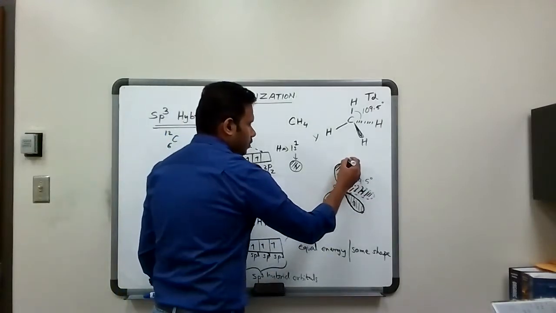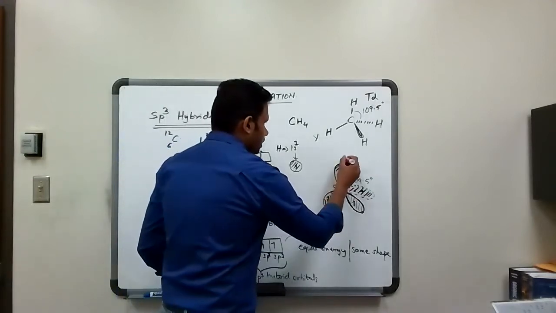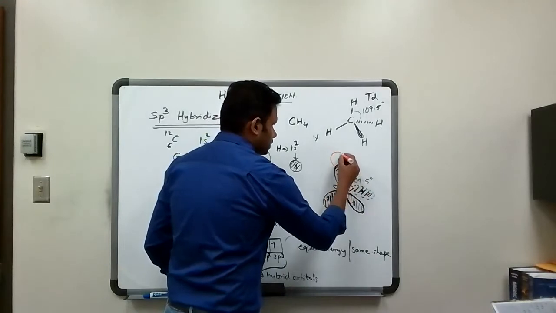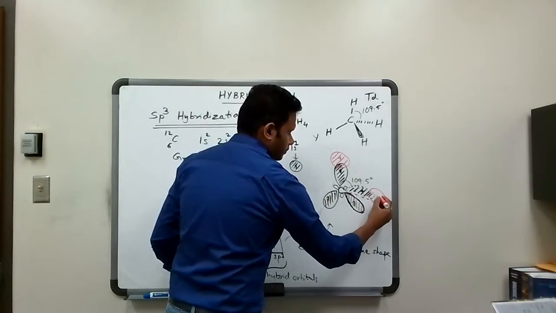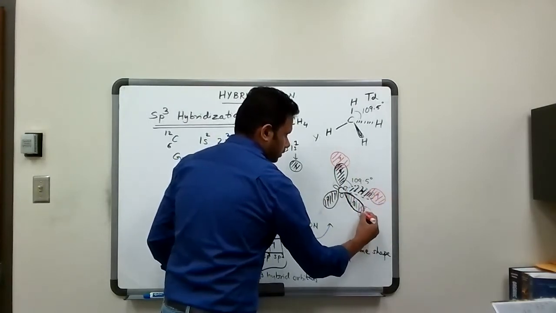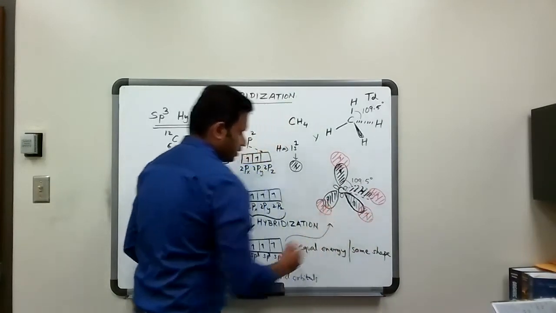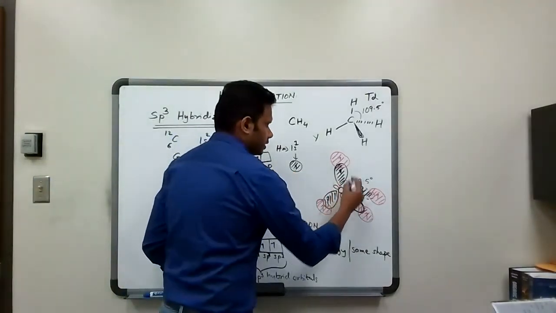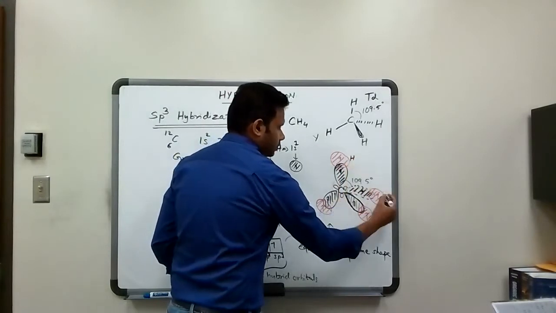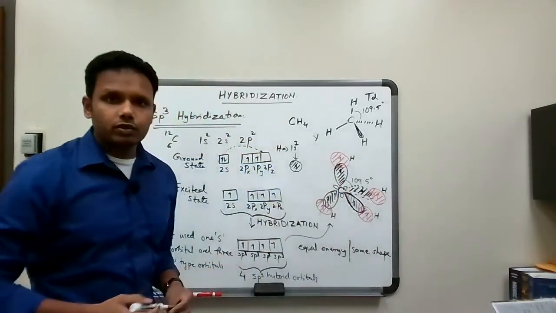These now overlap with, let's say, the 1s of a hydrogen atom, which has one electron in it. All of them overlap with the 1s of a hydrogen atom. So that's a carbon, and these are your hydrogens. They use their 1s orbitals to form those bonds.